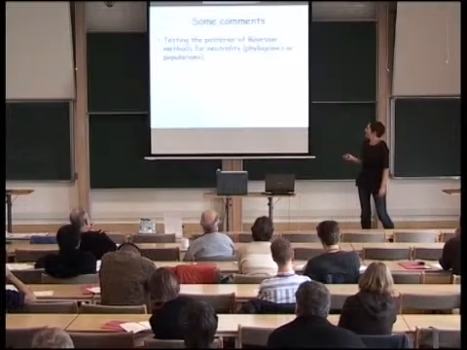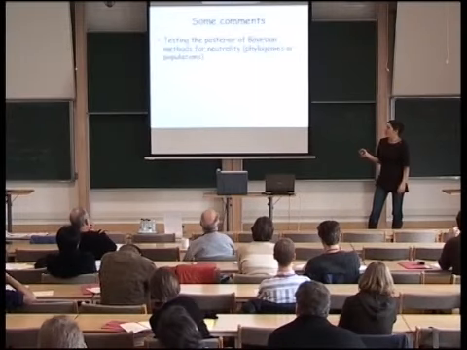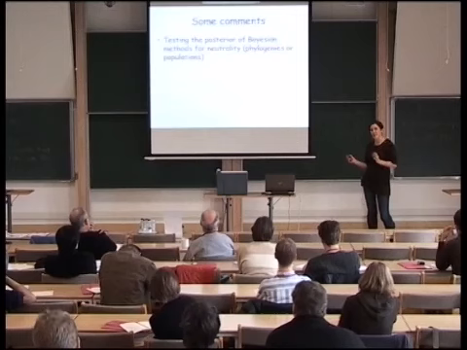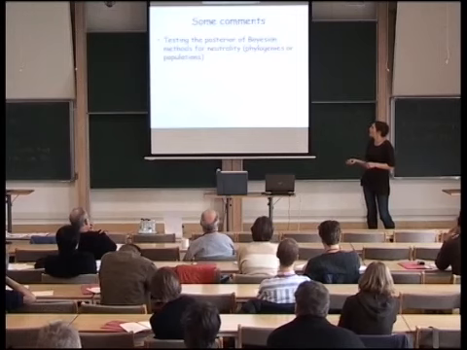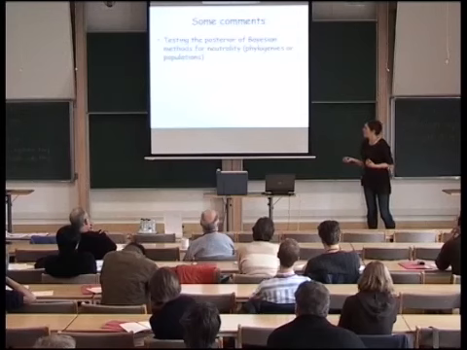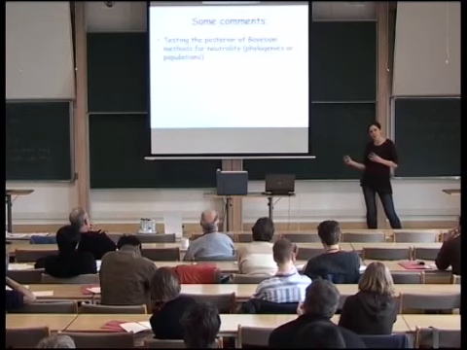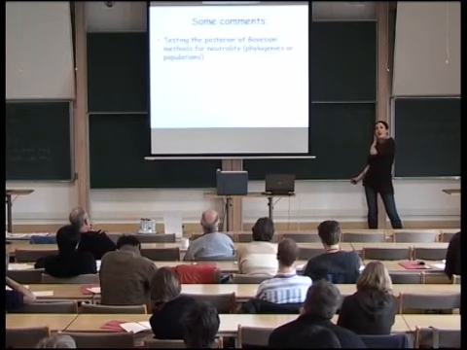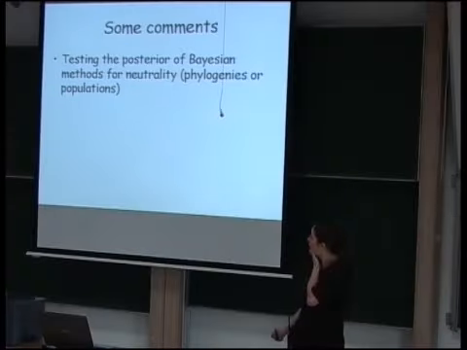So some comments on that. First of all, we can not only test one single tree, but we can also take the posterior of Bayesian methods, for example, and test the whole posterior for neutrality. And this can be done either if you infer phylogenies or if you work within populations.